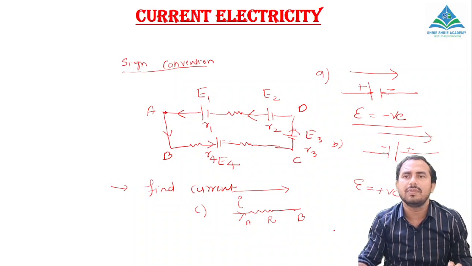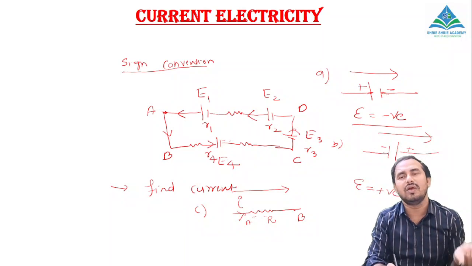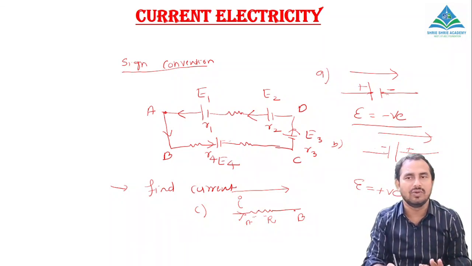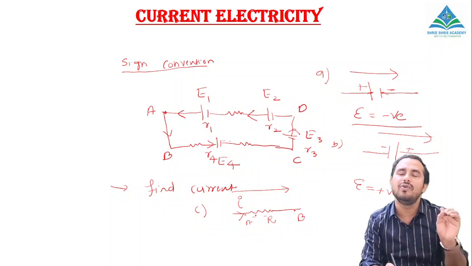This point A will have more potential, and this resistance will eat some of the potential. Eat in the sense you have to drop some voltage across it, because the current is going and the resistance will definitely take some voltage drop.